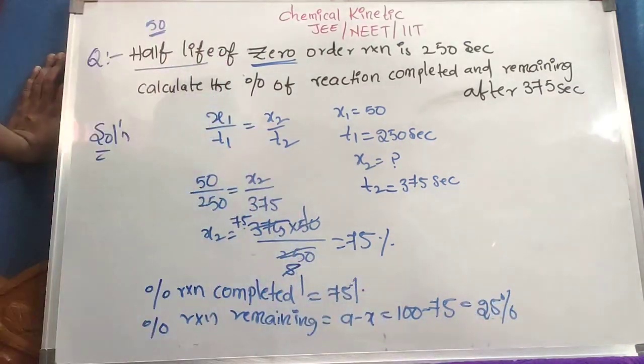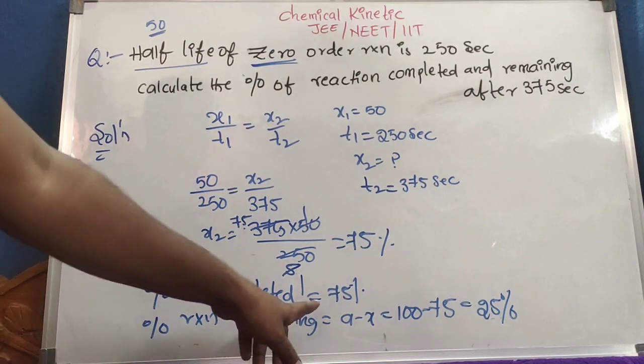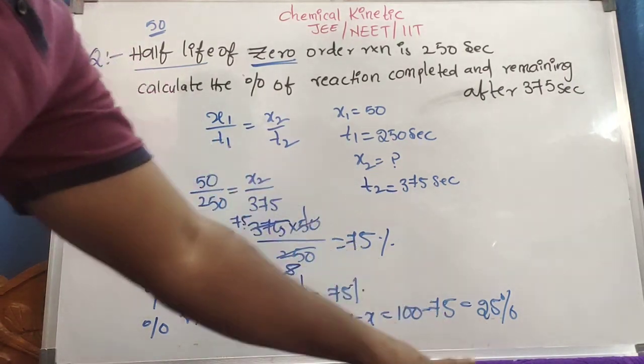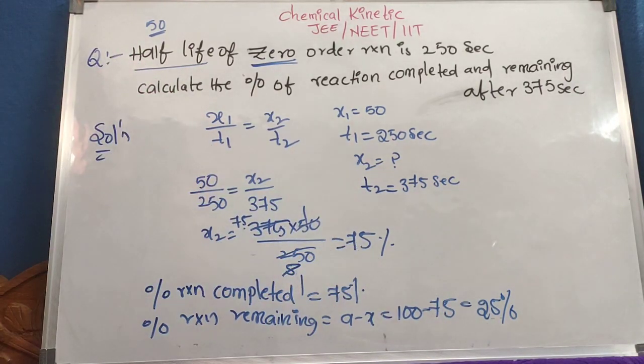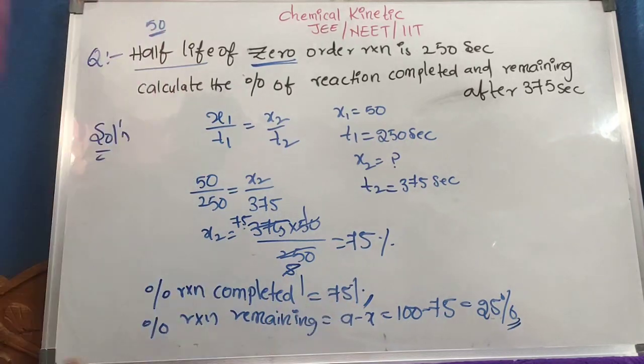So the percentage completed is 75%, and 100 minus 75 equals 25%, so it is remaining. 25% is remaining and 75% is completed. So that was the zero order reaction question.